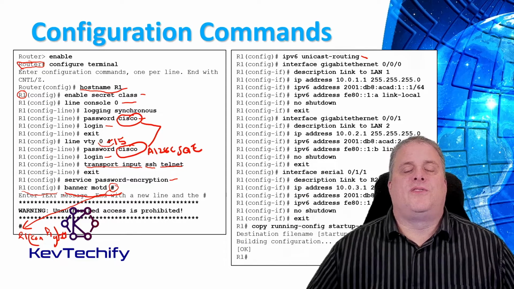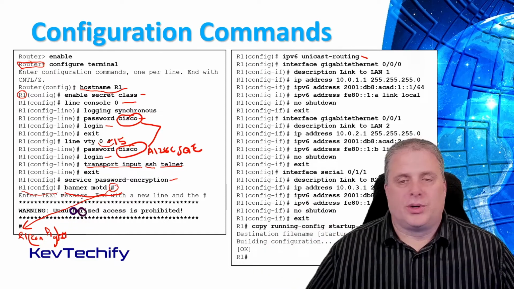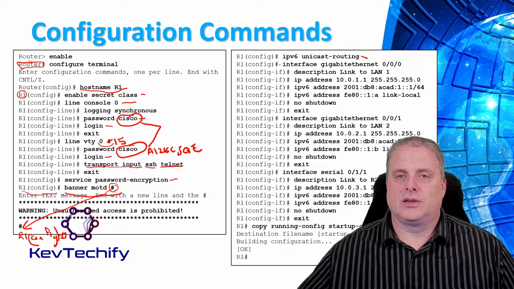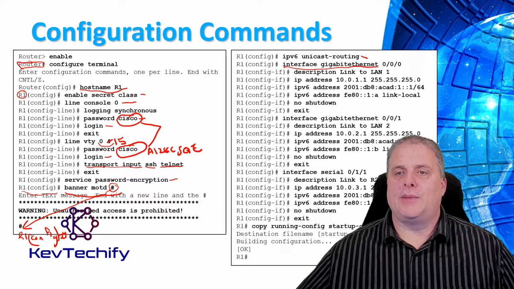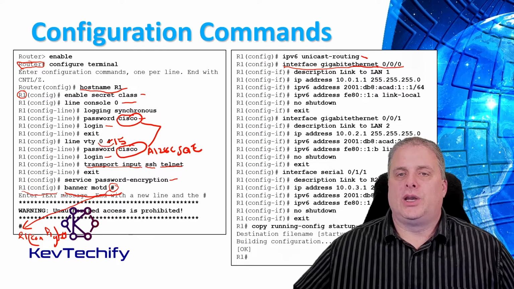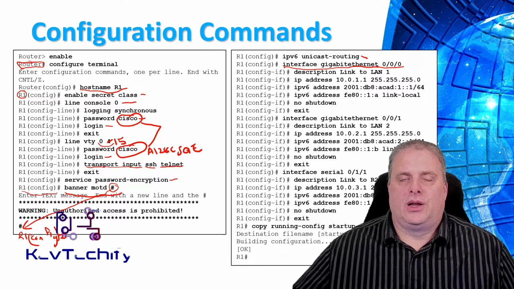Then we go into the configurations of our interfaces. They all kind of follow the same procedure. From global configuration mode, you put interface, and then the type of the interface, and then exactly which interface it is. So here we're going into interface GigabitEthernet 0/0/0.